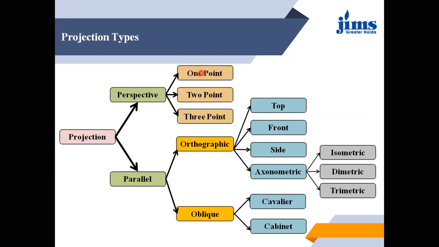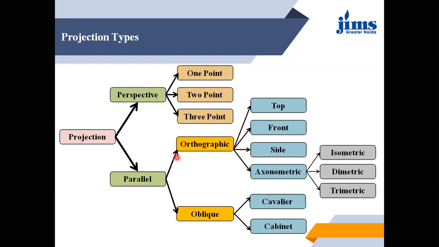In 1 point we have to see the object from 1 point only. In 2 point we have to see the object from 2 points, and then combine the images. In case of 3 point, the images of the object from the 3 points, that is x, y and z, have to be combined.